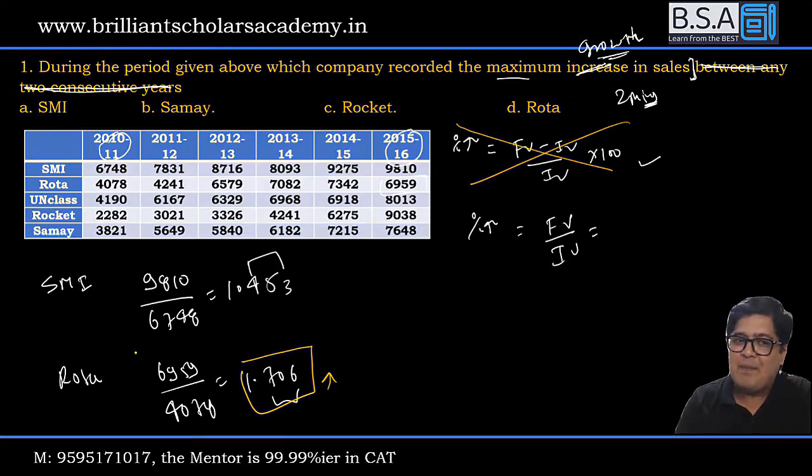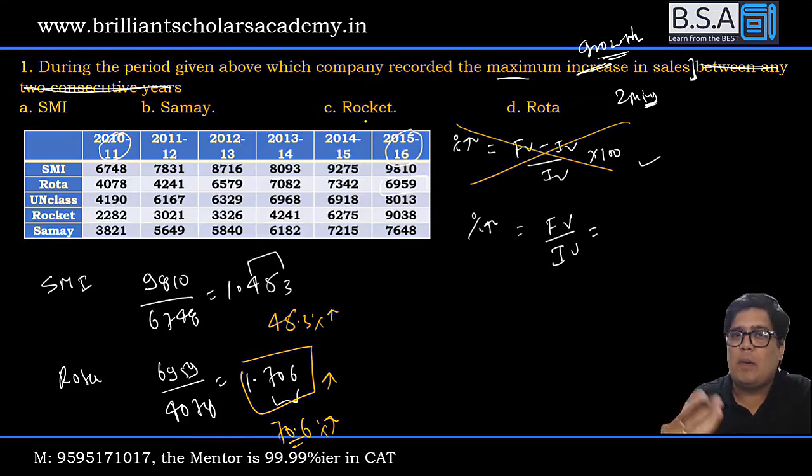What is the exact percentage increase? Rota is a 70.6% increase. What is the SMI percentage increase? 45.3% increase. That's it. Unclasses is not even in the options, but if you wanted that, divide 8013 by 4190.